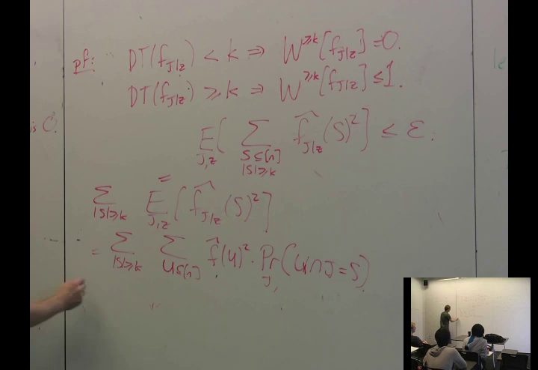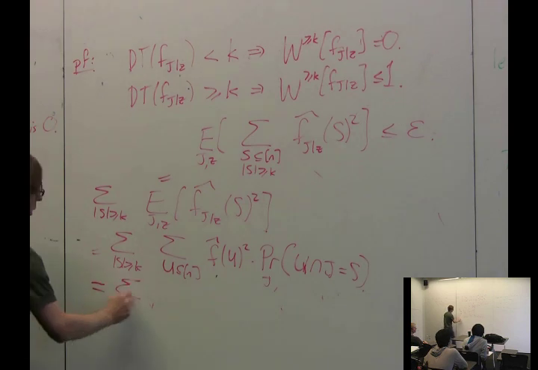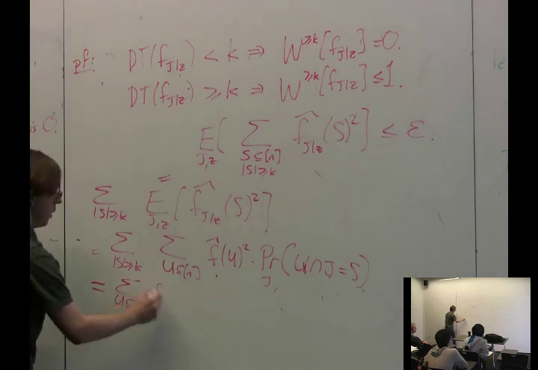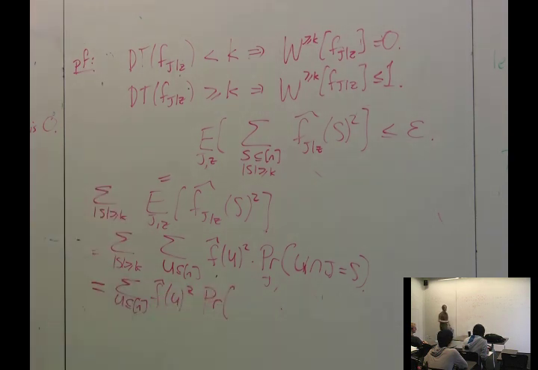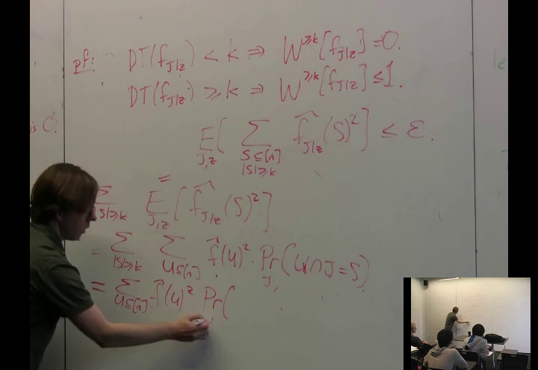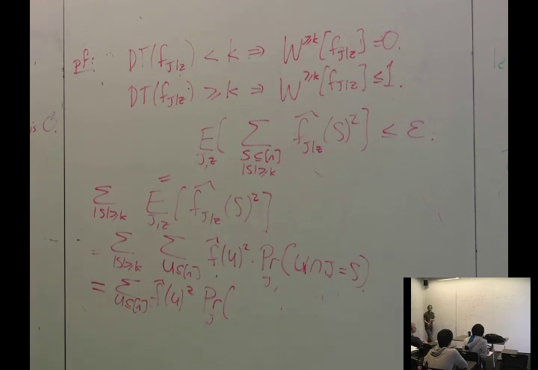Now we have to interchange these two sums. So that's the sum over all u of f hat of u squared times the probability of what? Who's very good at interchanging sums? Yes, that's right.